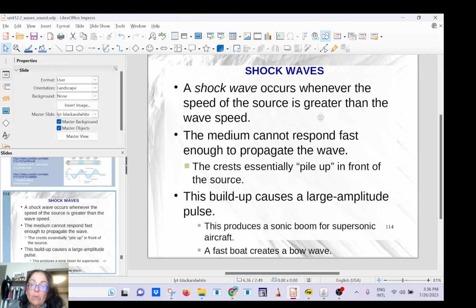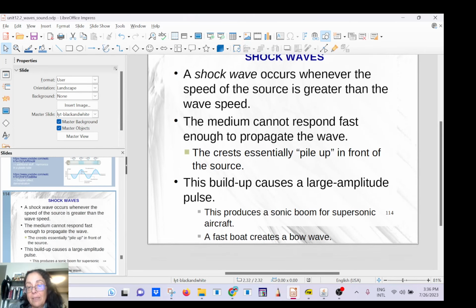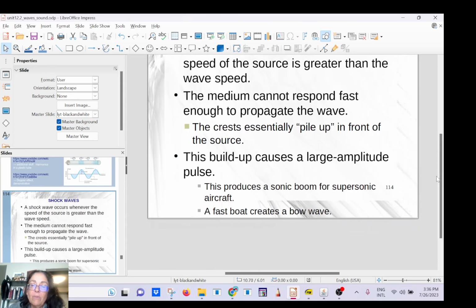It happens when the speed of the source is greater than the speed of the wave, in that case the sound wave. So the medium cannot respond fast enough to propagate the wave, and the crests pile up in front of the source. That means a very large amplitude pulse.